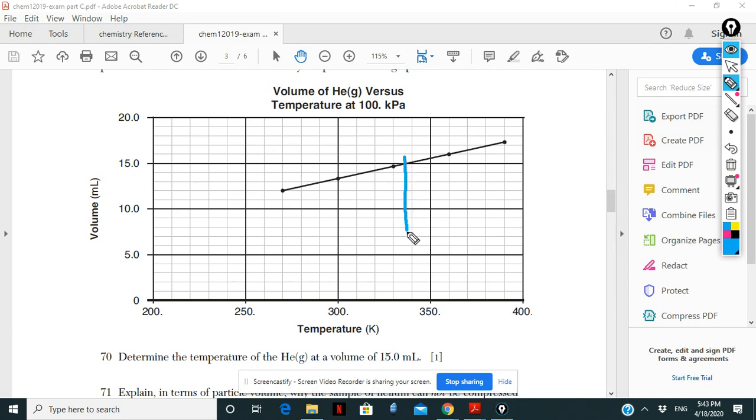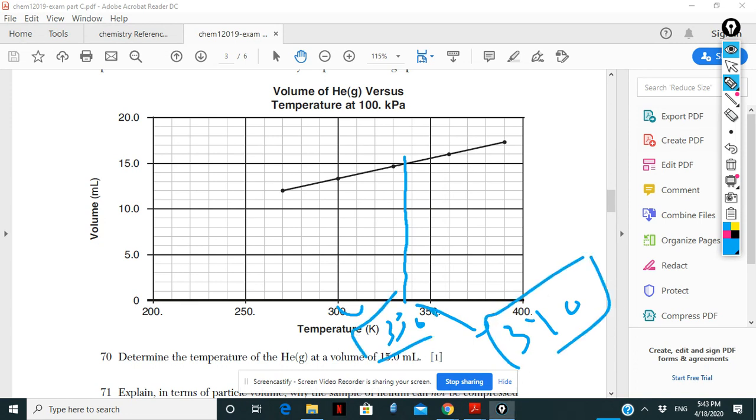So now I'm going all the way down. This one goes by 10, so here it's 330 and that's 340. So the value should be almost 336. So that's the temperature.